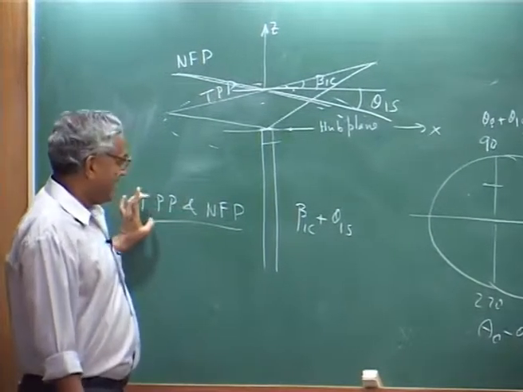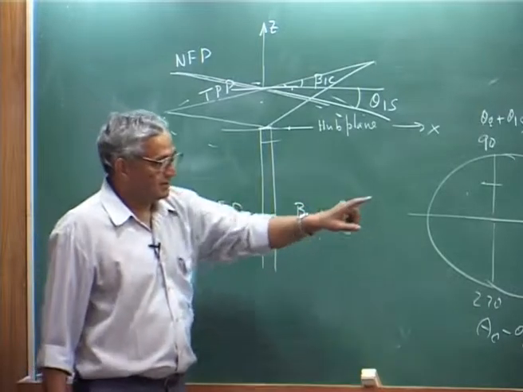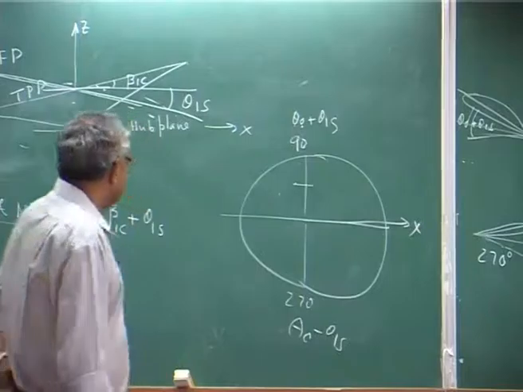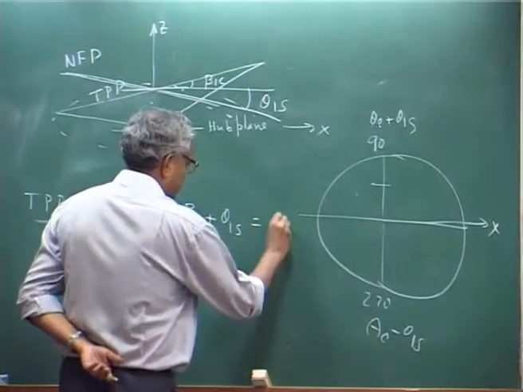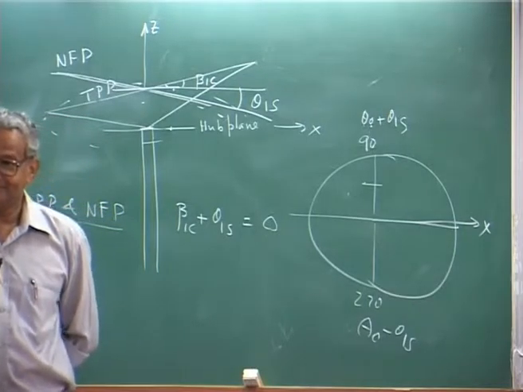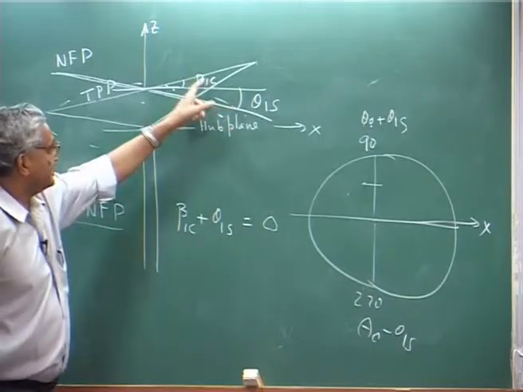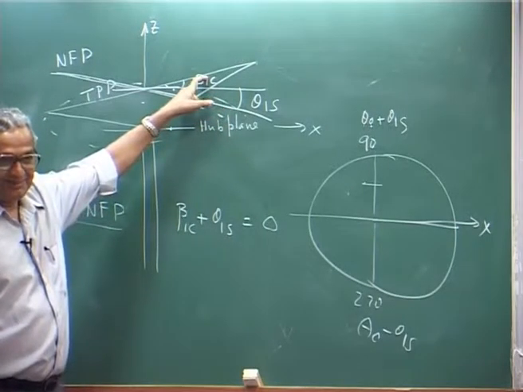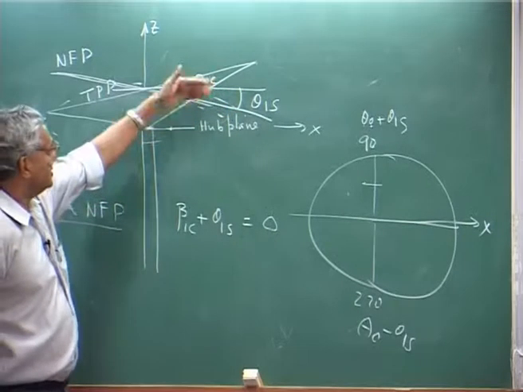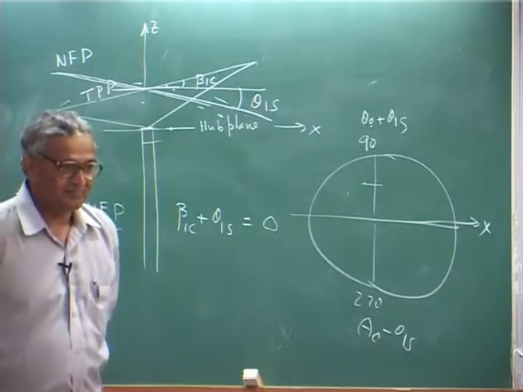Now, you see the angle between tip path plane and no feathering plane is this. In hover, you look at it, beta 1c plus theta 1s is 0. That means, these two planes must be parallel. That is, this angle should be 0. This angle should be 0 means what? Both planes must be parallel.